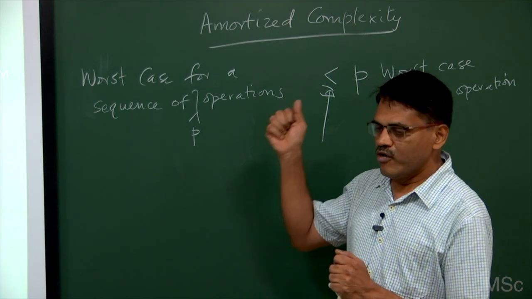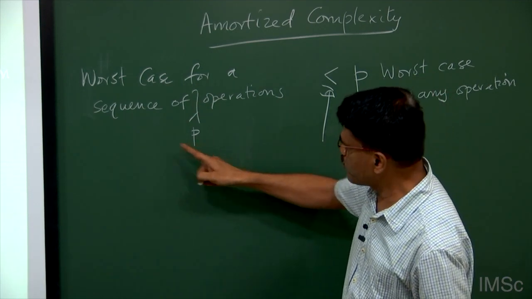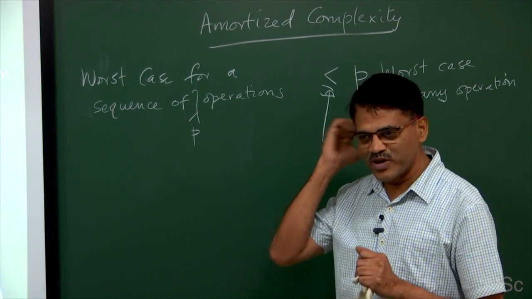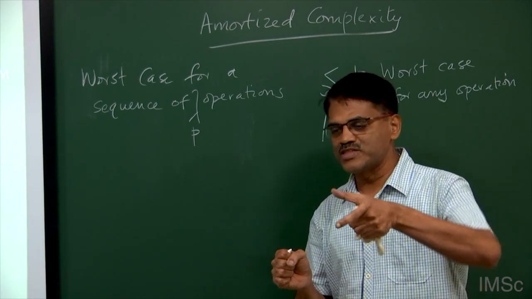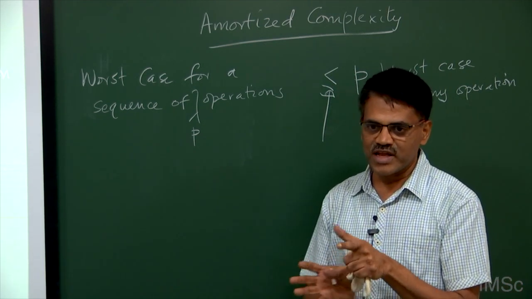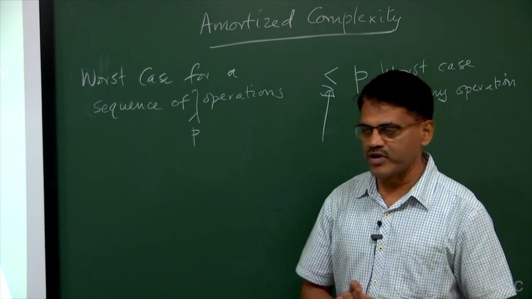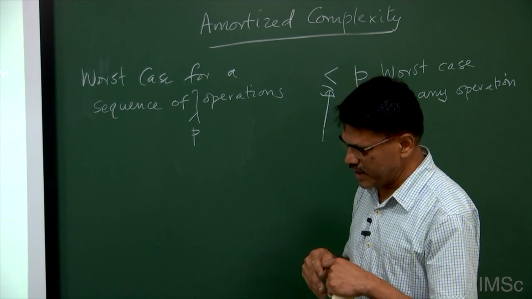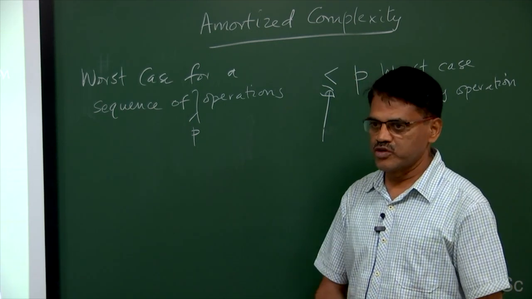Okay? So one thing we want to do is to come up with ways to measure the time for not just one operation, but a sequence of operations. And why it's difficult is because you want to capture the relation between these operations. How one expensive operation changes the data structure so that the later operations can become cheaper. Right? We need to somehow capture this and that makes it all the more difficult. So there are two things to it. One, we want to take the existing data structures and somehow measure the cost for a sequence of operations.